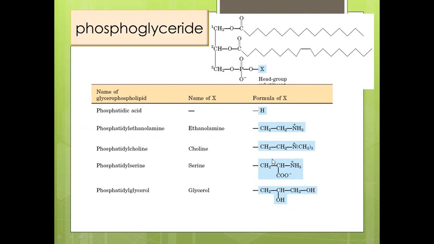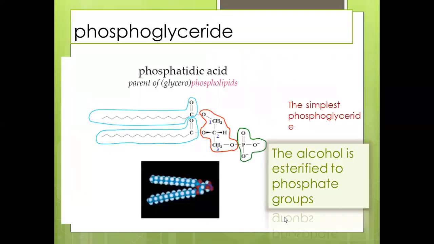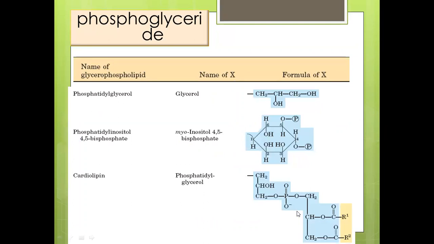Serine, phosphatidylserine, you have here, okay, remember the structure of serine. Or if you have another glycerol, you have your phosphatidylglycerol here. So for phosphatidic acid, what's being added here is just hydrogen. So simply as phosphoglyceride or simply as phospholipid, the alcohol is esterified to the phosphate group. And one more.